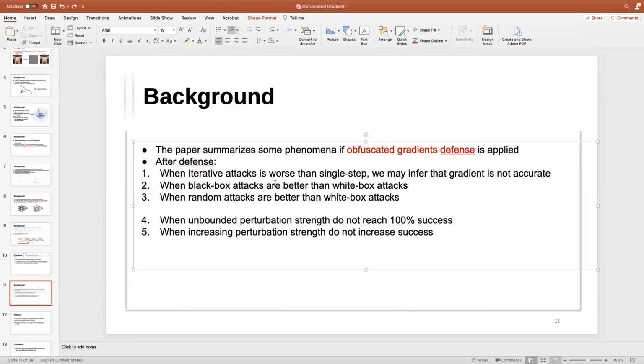It's still possible that the black box attack is better than the white box attack, but there are no obfuscated gradients here. But of course, it is more like a necessary but insufficient condition to do the inference. When you observe these abnormal things happen, then you can guess that maybe there is a defense.